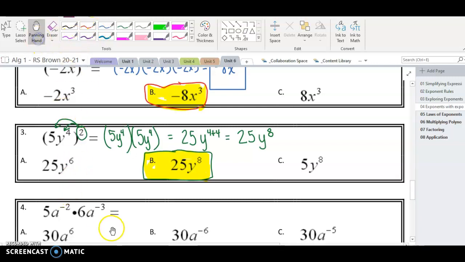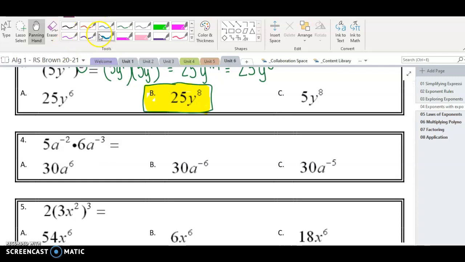All right. Oh man, we have some negatives. All right, so I have 5 times a to the negative 2 power times 6a to the negative 3 power. Well, we're just going to multiply these, y'all. I have a 5.